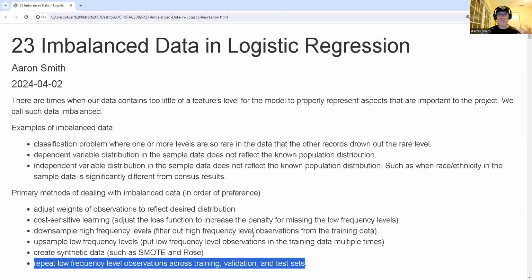Sometimes we're just desperate. We've got to get a result, got to try something to get a good model going. If it's a good model, but I don't have validation and test set statistics that I can trust, it's still a good model. So consider that.